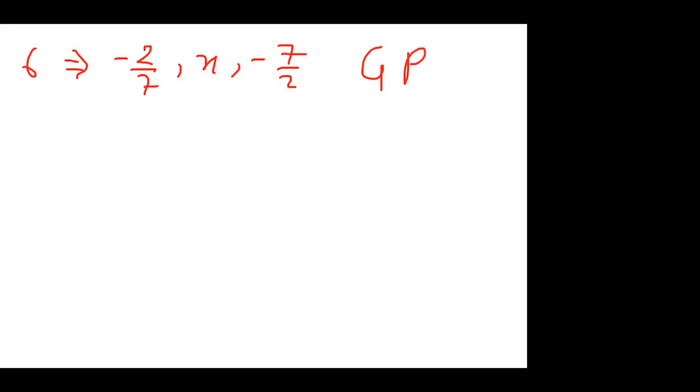As I've taught you in the previous class, the geometric mean is the square root of the product of the outer two terms, meaning minus 2 by 7 into minus 7 by 2. Minus and minus cancel, each term cancels with each term.